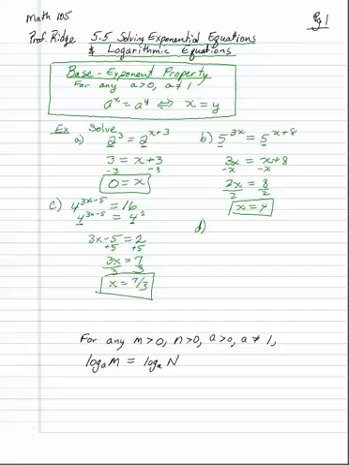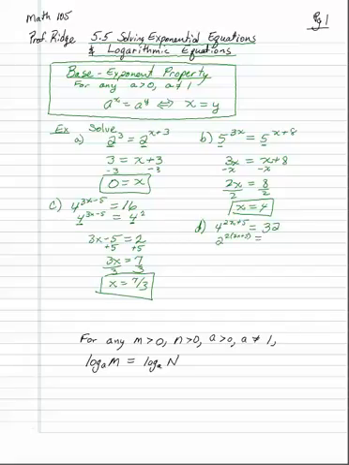Alright, and then this one is a tiny bit harder than that. Again, at first glance we have 4 to the 2x plus 5 equals 32, and you can't easily write 32 as a power of 4 with nice numbers. But both of these can be written as a power of 2.